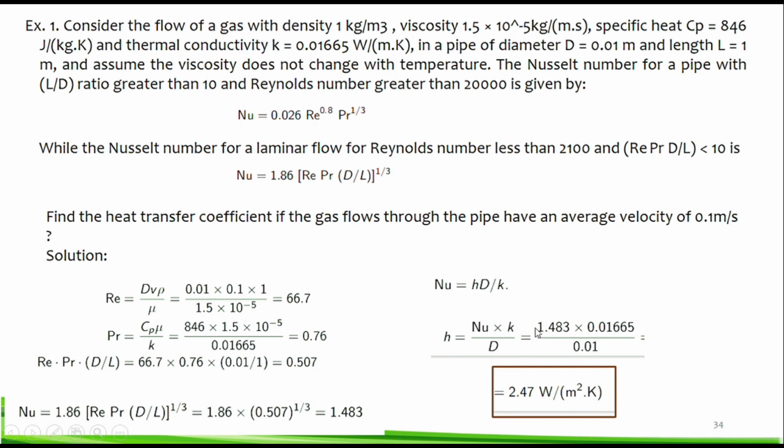By plugging in the values, we have 1.483 multiplied by 0.01665 as our thermal conductivity over the diameter of 0.01, and we get a heat transfer coefficient of the gas flow through the pipe of 2.47 watts per square meter degree Kelvin.